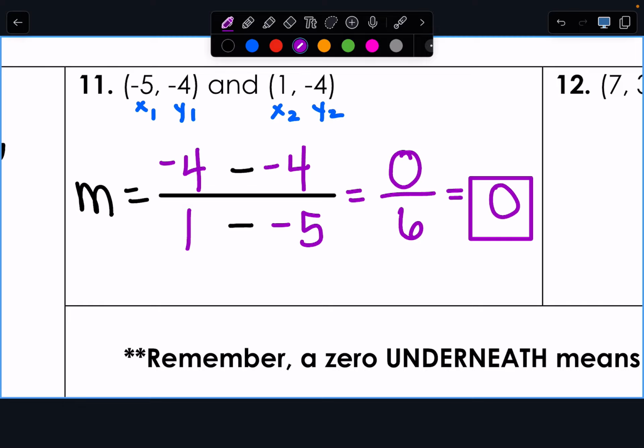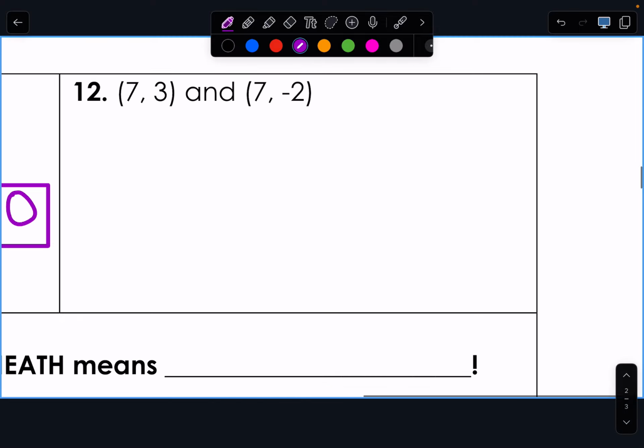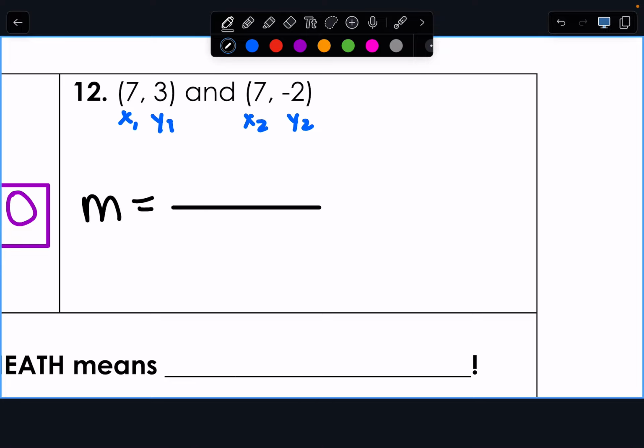Now, watch what happens in number 12. Watch what happens in number 12.